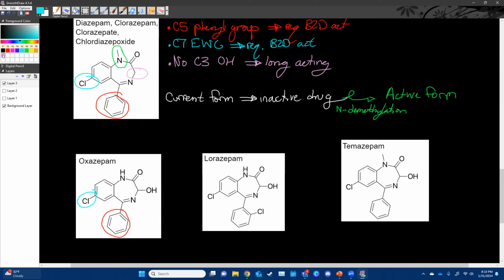But the difference is that oxazepam has this C3 OH. What this means is that oxazepam is going to undergo direct phase 2 metabolism. That's going to decrease the duration of action, right? If we can go directly to phase 2, the drug is going to last a shorter amount of time.